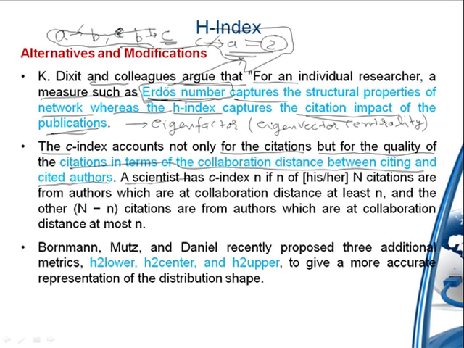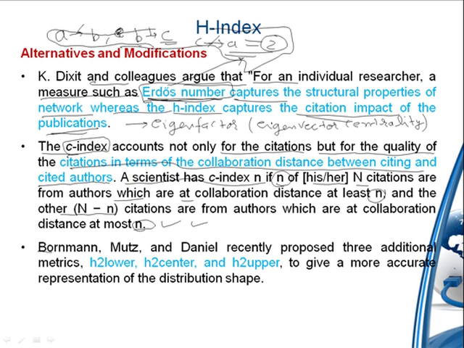A scientist has a C index n if n of his or her citations are from authors at collaboration distance at least n, and the other citations are from authors at collaboration distance at most n. Thus it utilizes both the collaboration distance and the count of citations, and instead of H, it is represented as the C index.